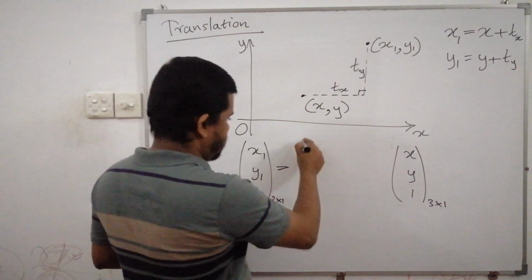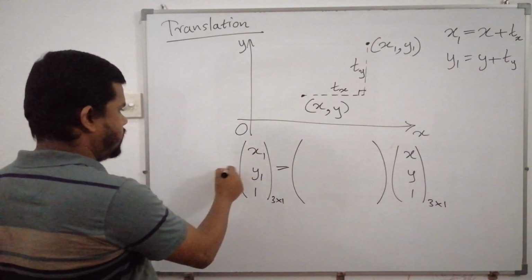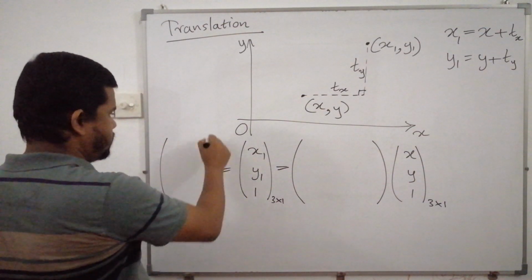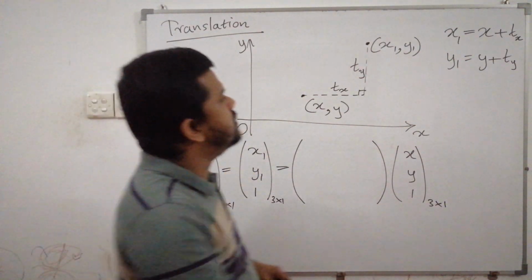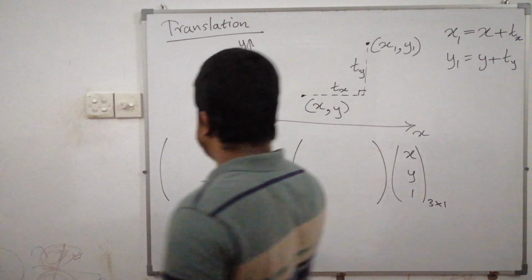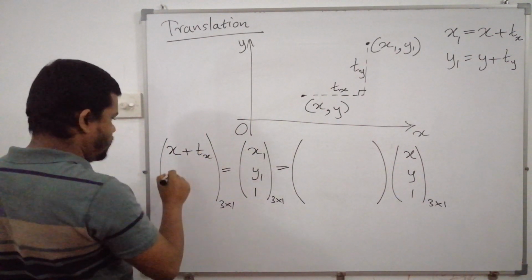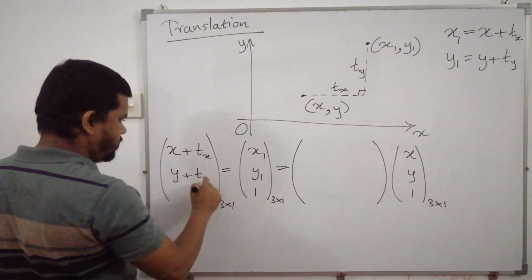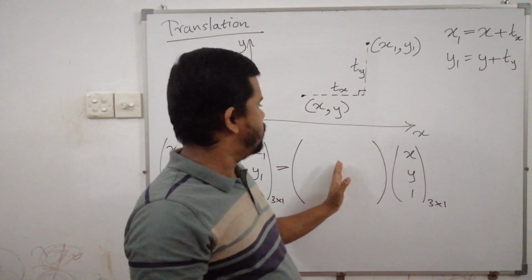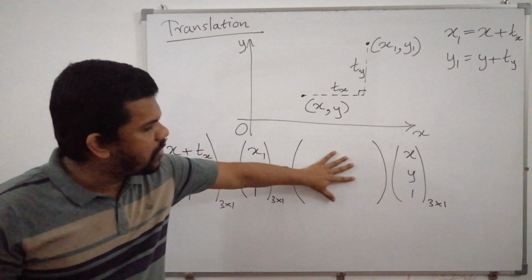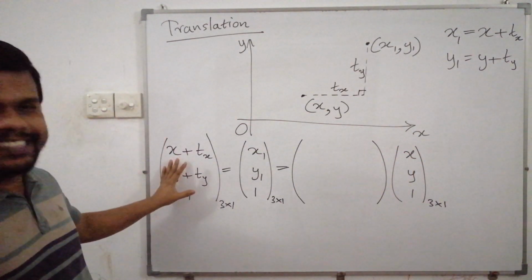Now here we have to find the matrix. And again, what is this? 3 cross 1. x1 means x plus tx, y1 means y plus ty. Here it is 1. Now we have to find the matrix, this one. If we multiply these two matrices, we should get this.